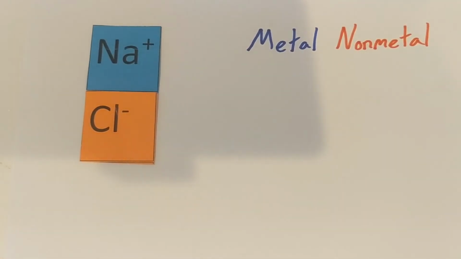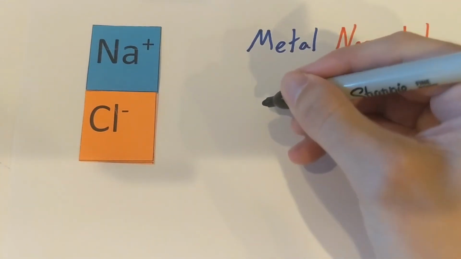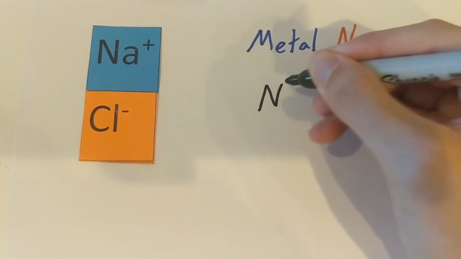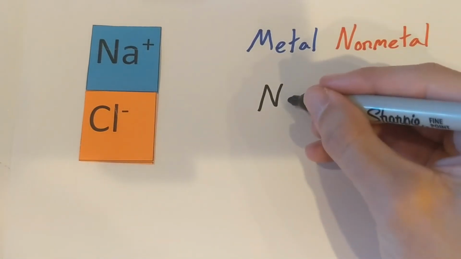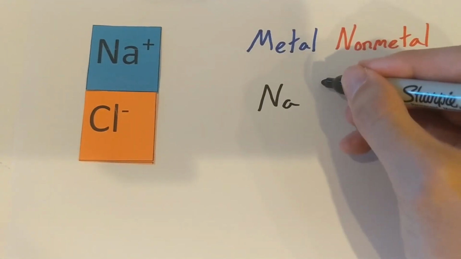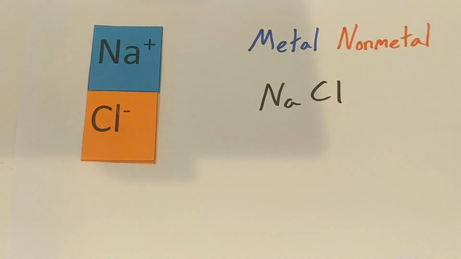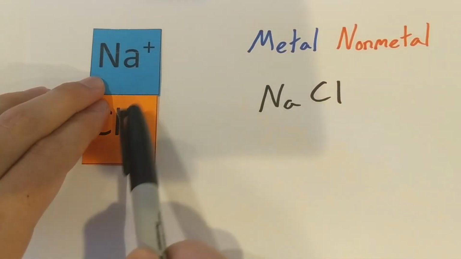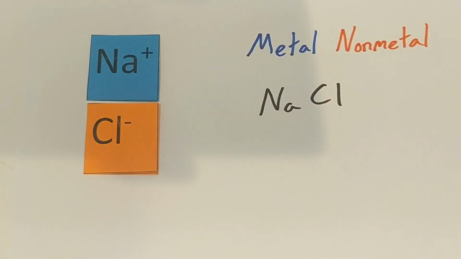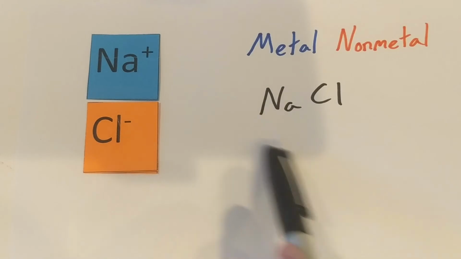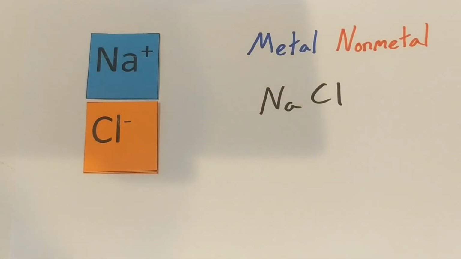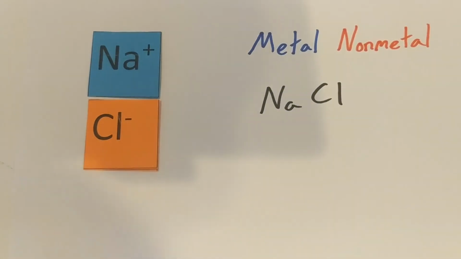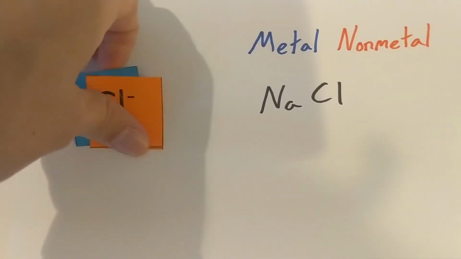So when I'm writing this down, it will look like sodium chloride. And you may notice I did not include my charges anymore because they balance out. So in all my ionic compounds, the charges will balance out. So it is a neutral compound.